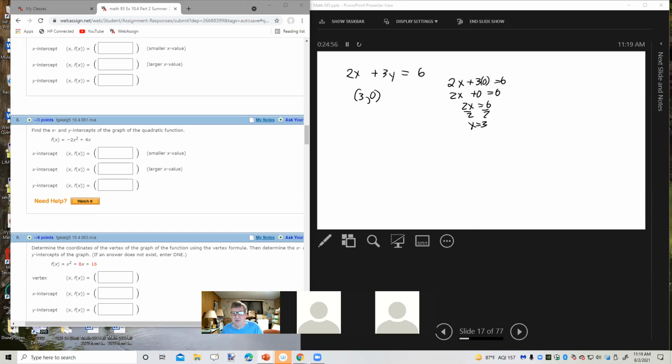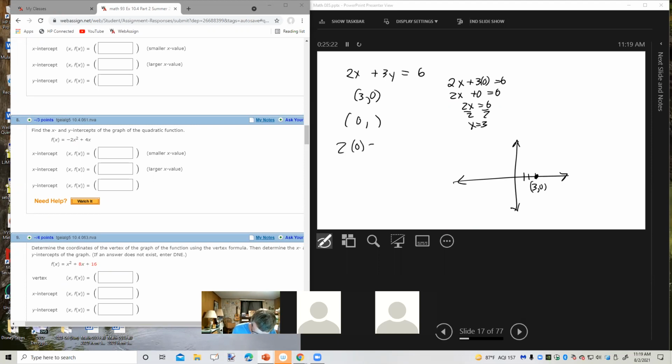So we said the x-intercept was at 3, 0, which means that on the graph, it would be right here at 3, 0. Okay, any questions about that? So to find the x-intercept, we set y equal to 0. Now, to find the y-intercept, we'd set x equal to 0.